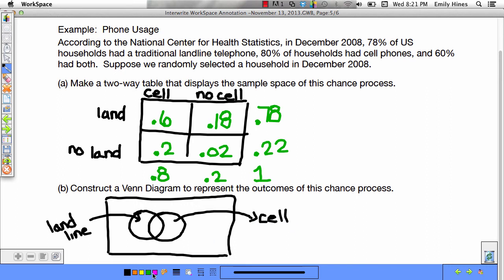Then I can fill in my numbers. The percentage of people who own neither a cell phone nor a landline, all of these people out here, is 0.02.